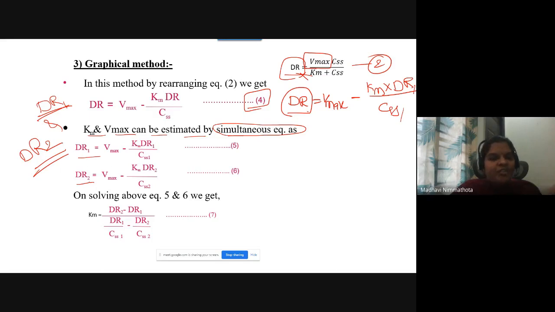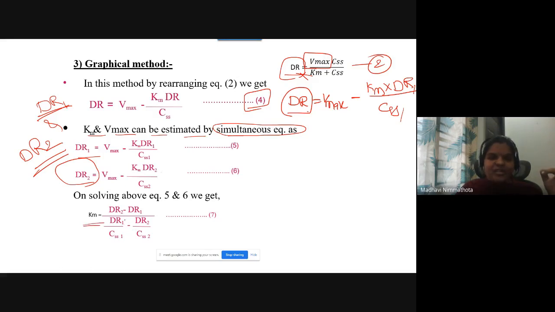If it is dosing rate 2, how will the equation be? DR2 is Vmax minus Km into DR2 divided by CSS2. So instead of 1, it becomes 2 because we are going to calculate dosing rate 2. These are the fifth and sixth equations. On solving above equations 5 and 6, we will get Km.